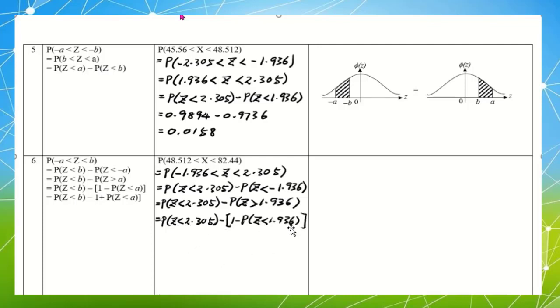Now I'm ready to use the table. When I check the table, I get 0.9894 minus 1 minus 0.9736. Now I press the calculator, then I get the answer 0.9630.